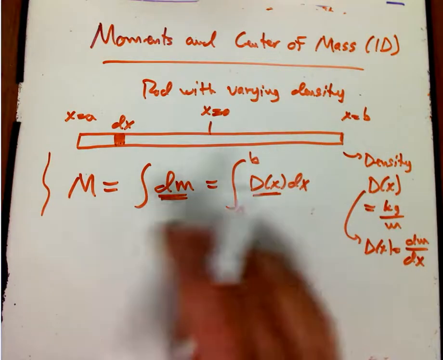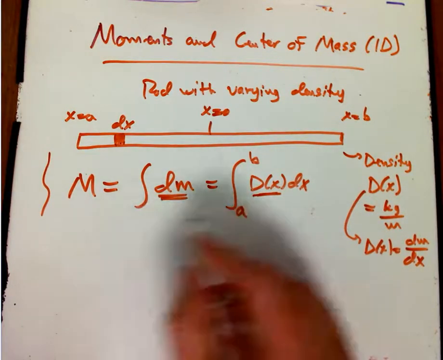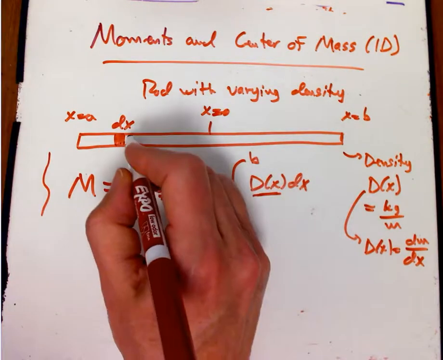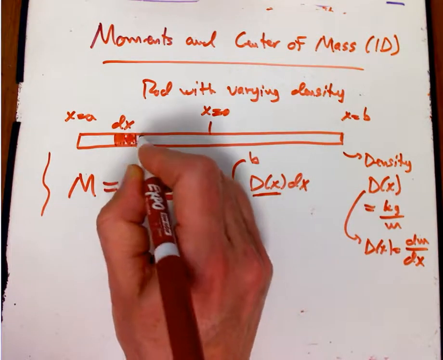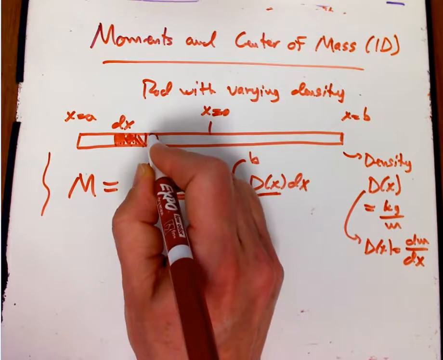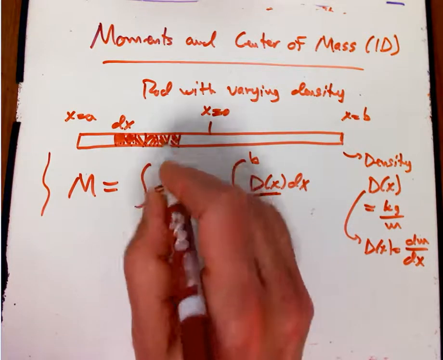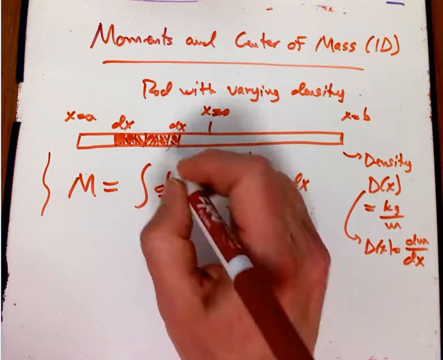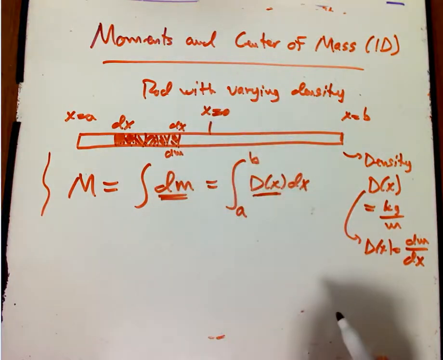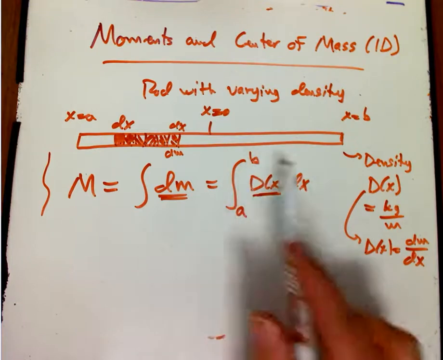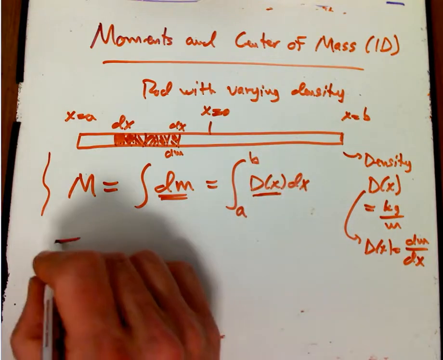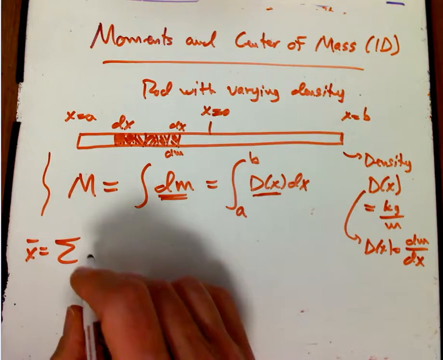Well, let's look at the analog of the center of mass calculation. In this way, you can think of a bunch of little bits, each with length dx and their corresponding amount of mass dm. And we can look at the formula for x bar, which I probably shouldn't have erased.